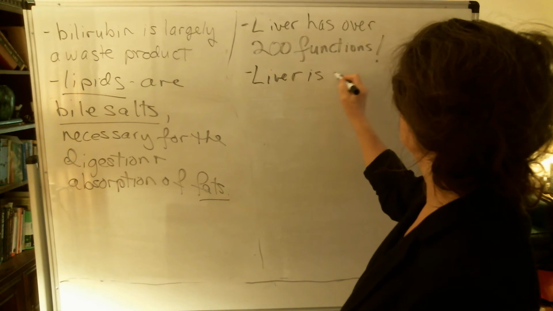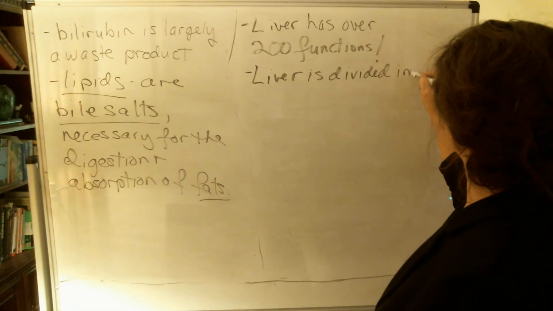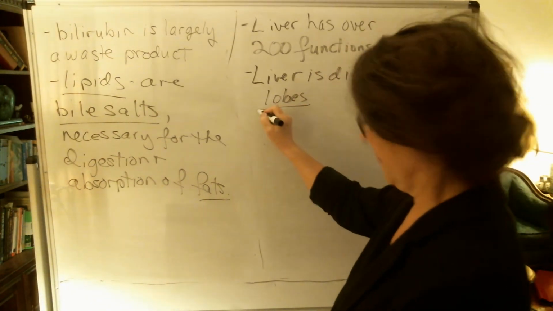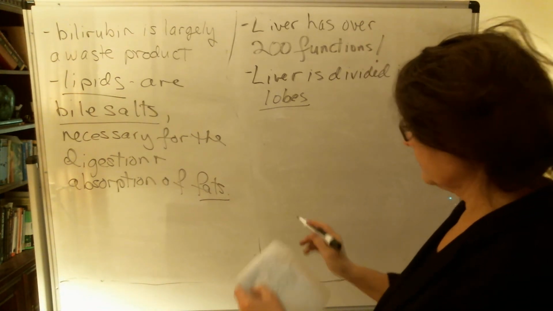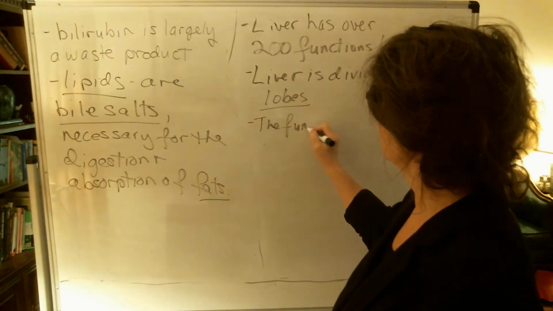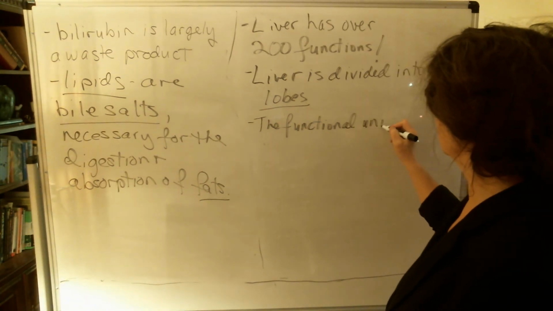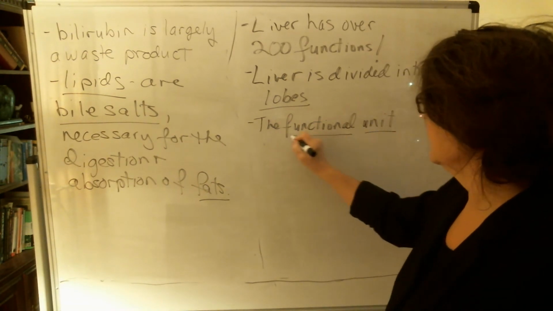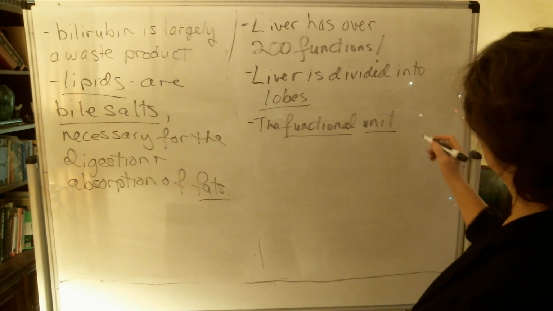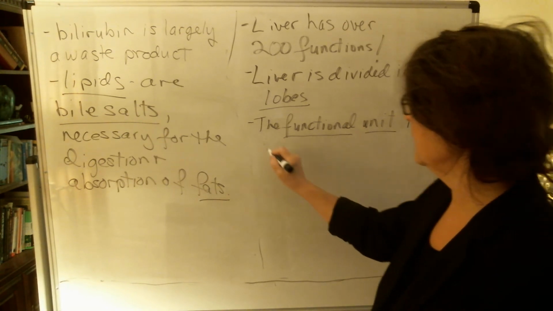The liver is divided into lobes, and the functional unit, the aspect of the liver basically that gets the job done, the functional unit then of the liver is the lobule.